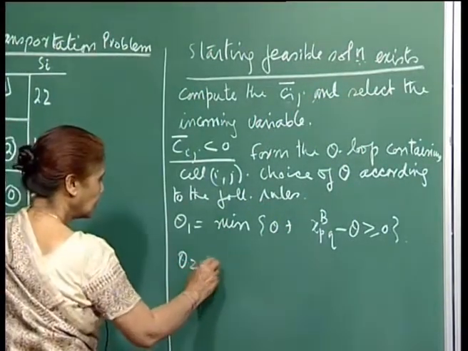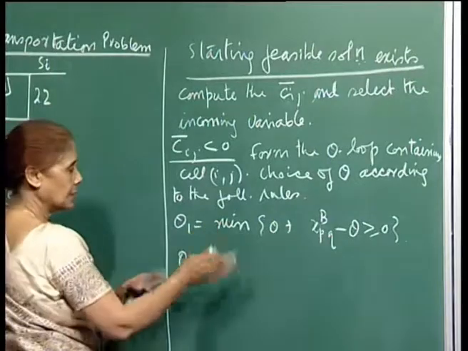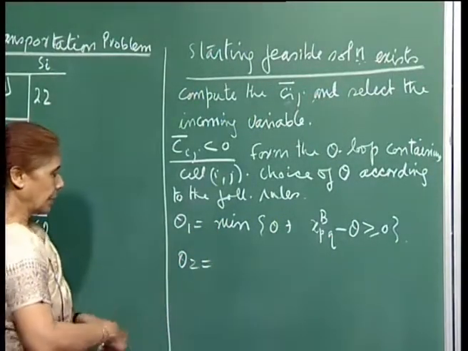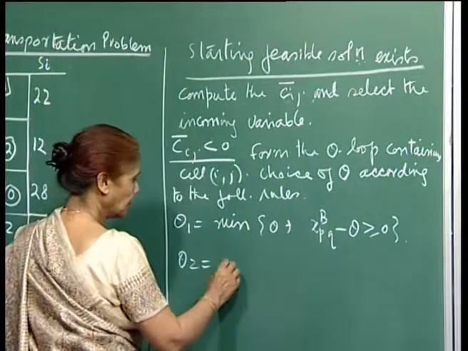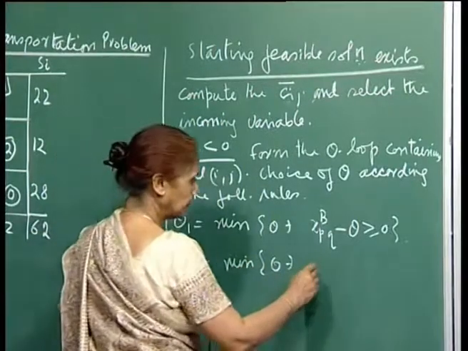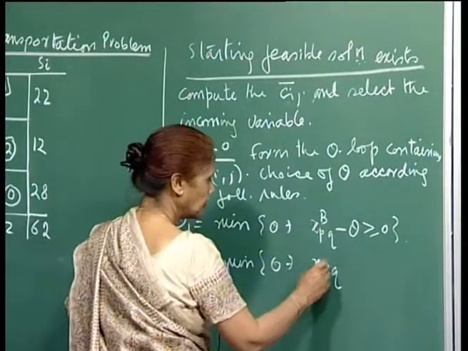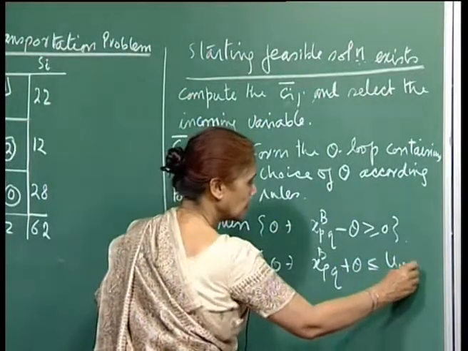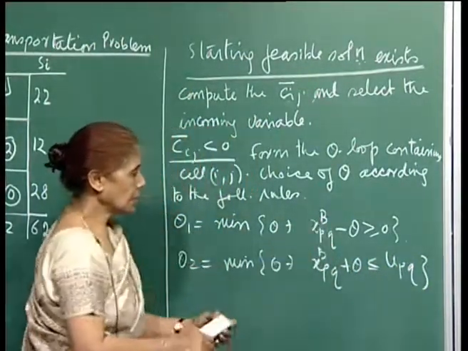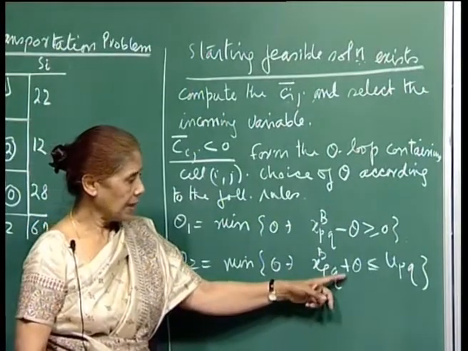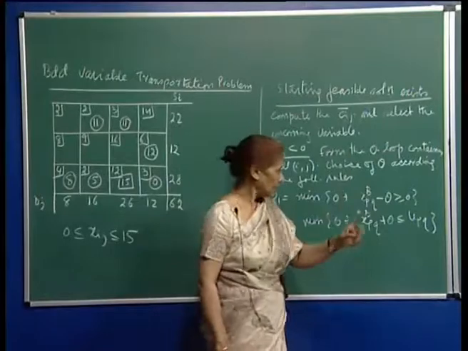Then theta 2, it is nothing new, I am just repeating so that you understand the concepts better. So, theta 2 would be the minimum of theta such that xpq (basic) plus theta is less than upq. So, for the basic cells, some of them will have plus theta, some will have minus theta in the theta loop.